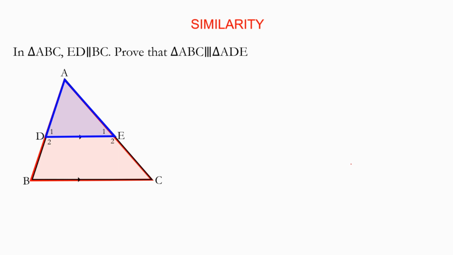Let's start with angle A. So in triangle ABC and triangle ADE, we have this angle here, which is a common angle. So for both triangles, angle A is equal to angle A. We're going to start with angles of ABC followed by angles of ADE. So it's common.